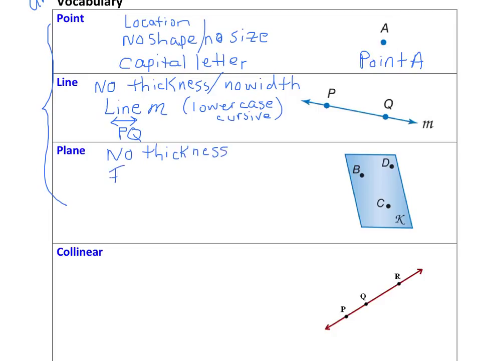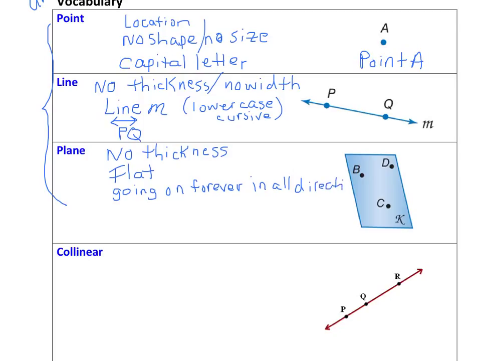Alright, so it's completely flat, and even though we can't show it going on forever, just like the line, we assume it is. So it's going on forever in all directions, even though in our diagram it appears to be finite. But we treat it as going on forever in all directions.